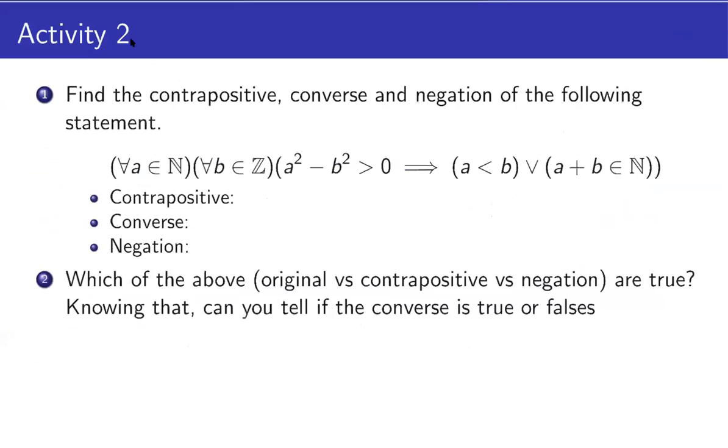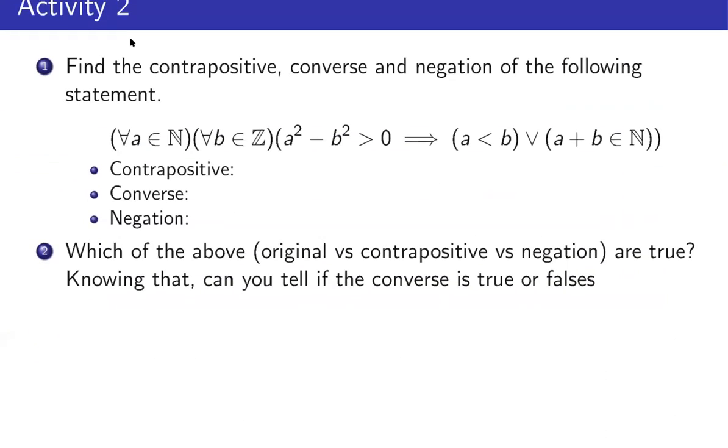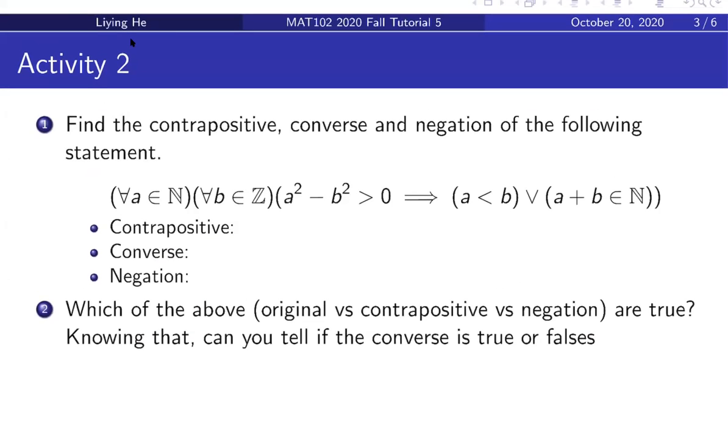Anyway, activity 2. They give a statement here, and they ask you to find the contrapositive, converse, and the negation of the statement. So let's review this part a little bit first. If we have P implies Q, what is the contrapositive of it?